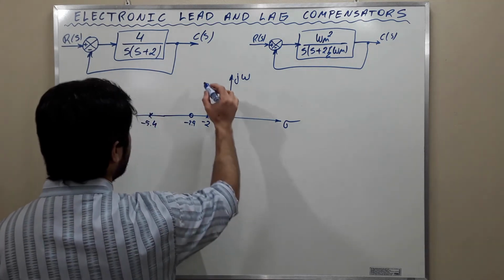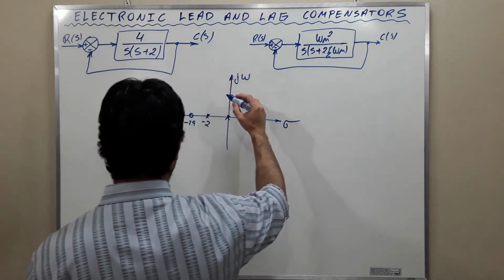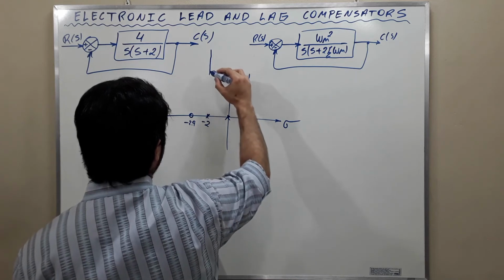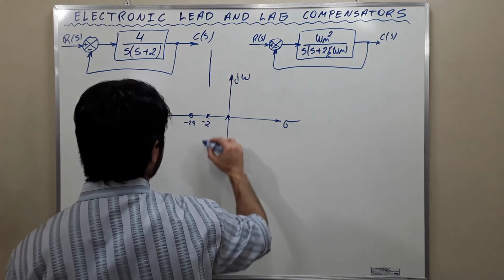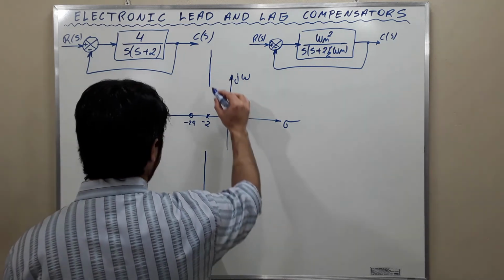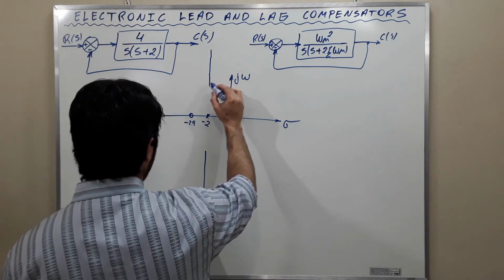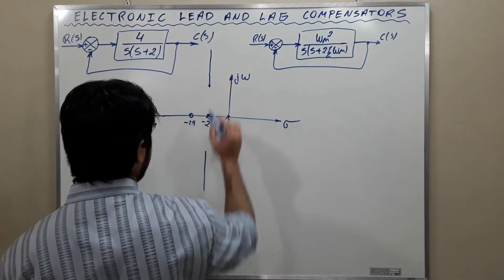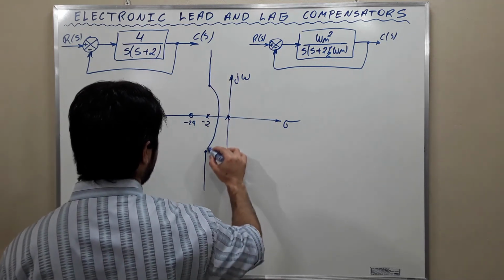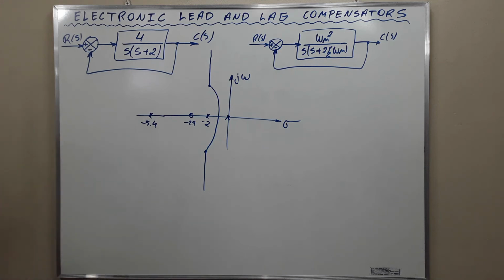We're going to make the root-locus pass here and here, and it's going to bend like this. This is the root-locus plot of the compensated system.